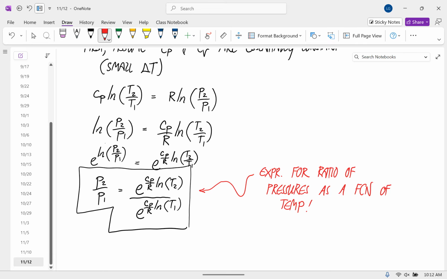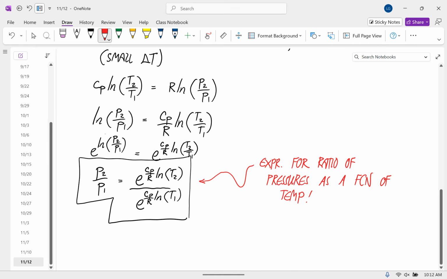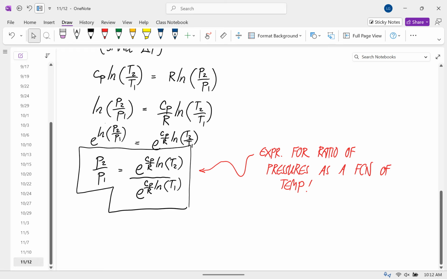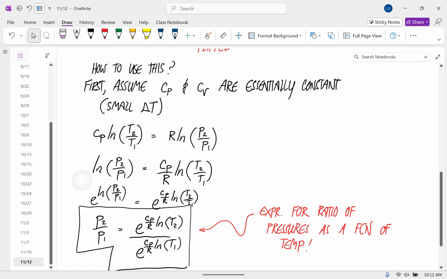Remember that this expression here is fine. We can use this no matter what our temperature range is.